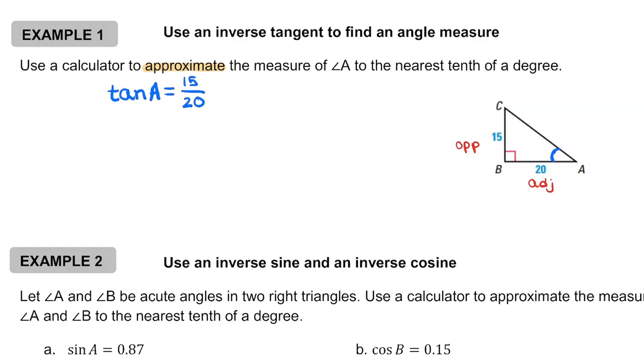So basically the intermediate step, and you guys don't ever have to write this step again, is tangent inverse of tangent of A equals tangent inverse of 15 over 20.